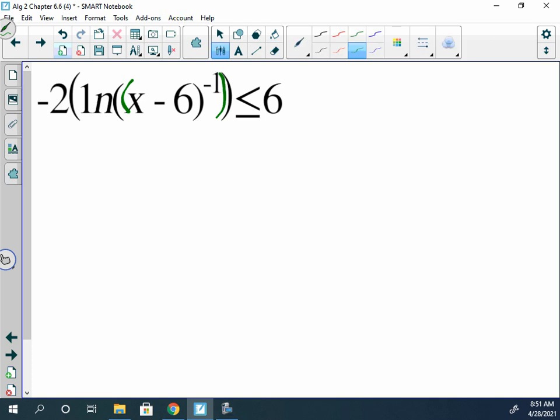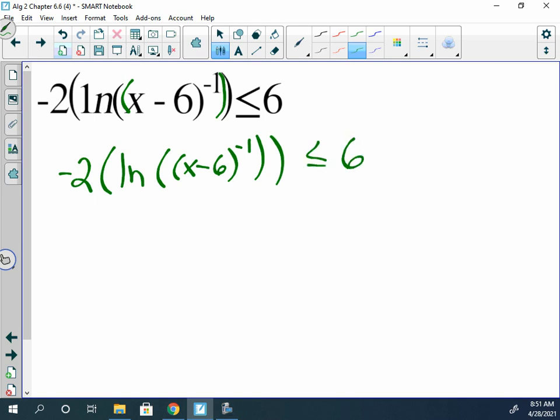So really what we're looking at is -2 ln of (x minus 6) to the -1 is less than or equal to 6. This is really what we're looking at.